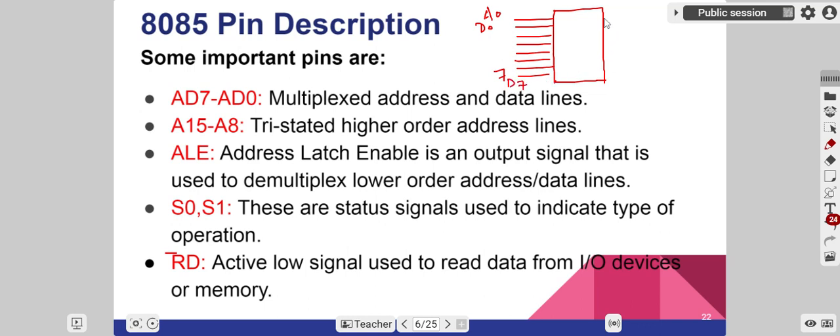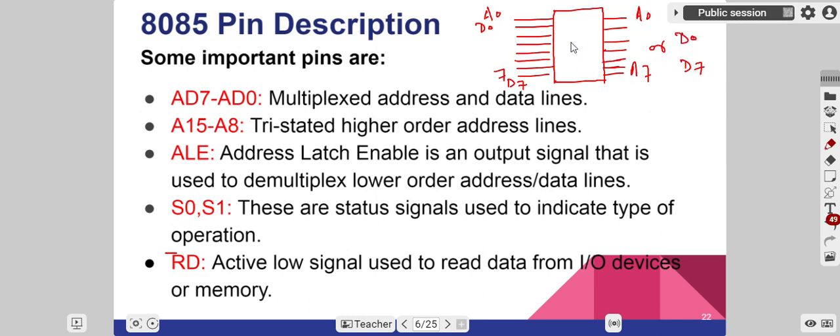What we are getting at the output of this demultiplexer, if we demultiplex these pins, is only either A0 to A7 or D0 to D7.